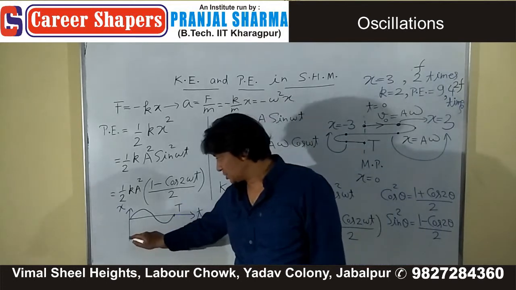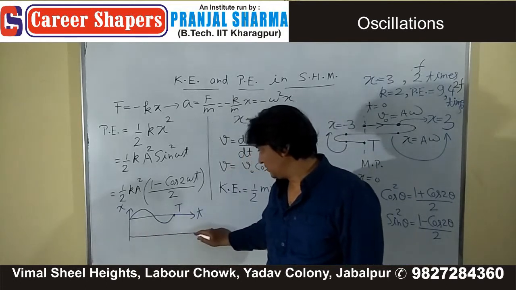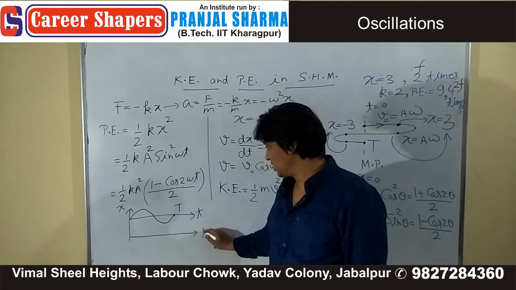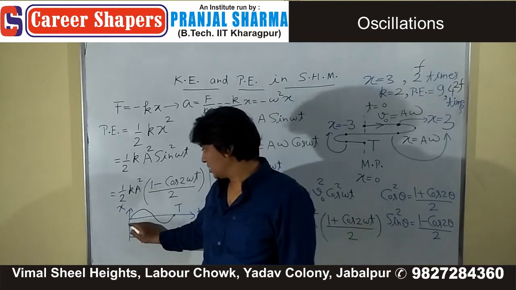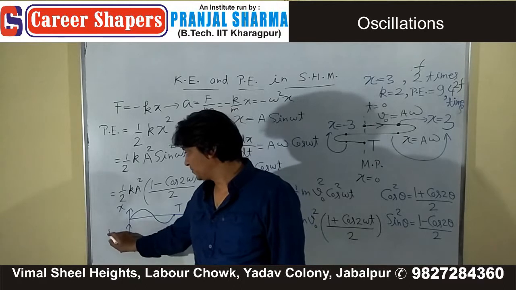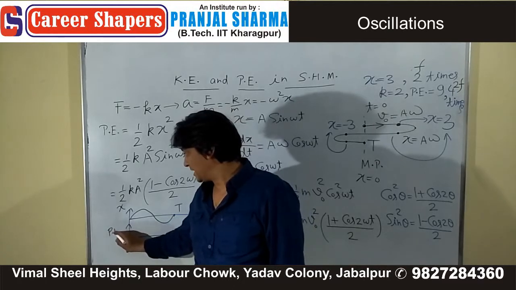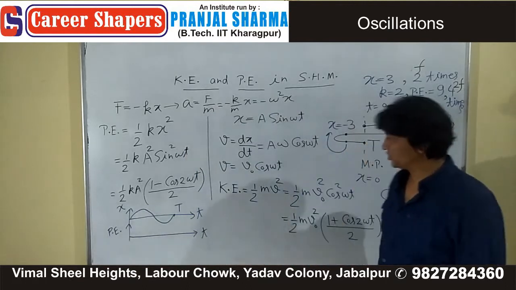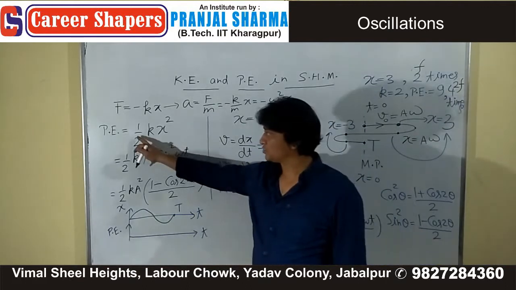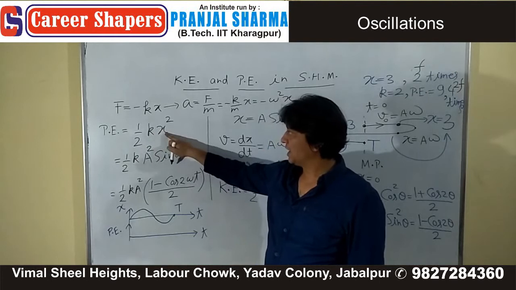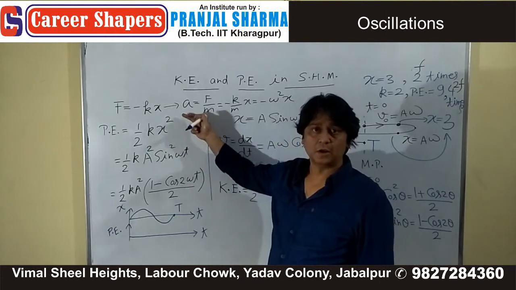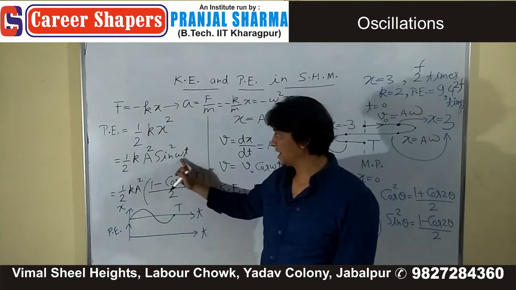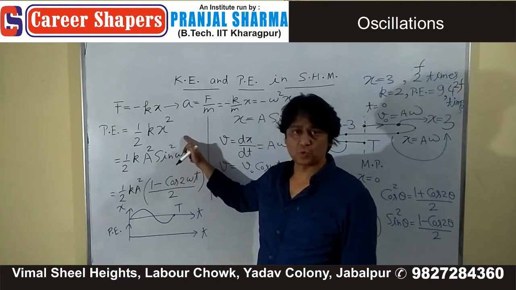But if I ask you to plot a graph of potential energy and t, what is potential energy? Half k x square. This time round, you're plotting a graph of sine square.